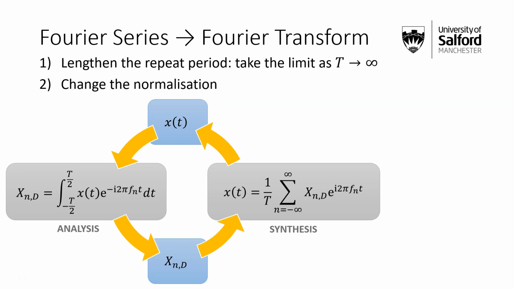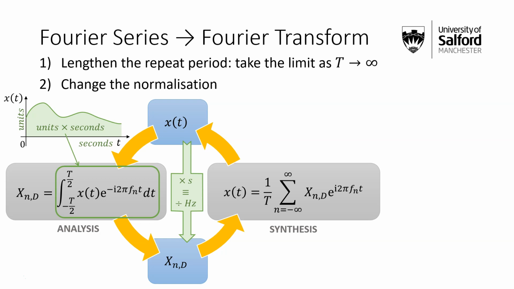And all that's changed is that 1 over t's moved, but we've now got different units. Because we've got t times, then we know that these are going to be times seconds. So it's got the same units as x of t, but multiplied by seconds. And this is consistent with the integral again. We had the signal on the vertical axis, whatever its units were, times seconds along the time axis, horizontal axis.